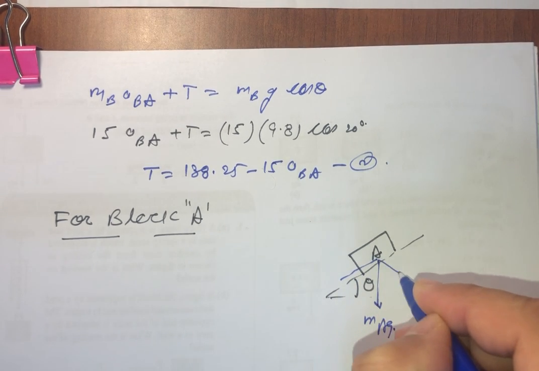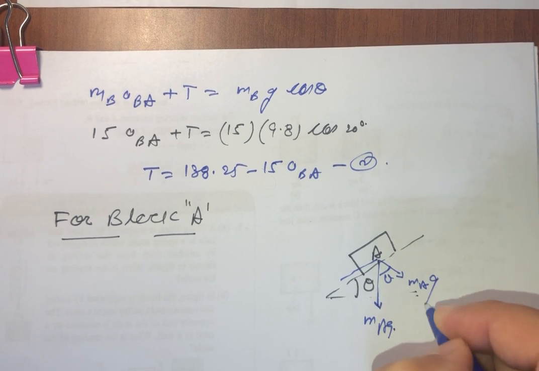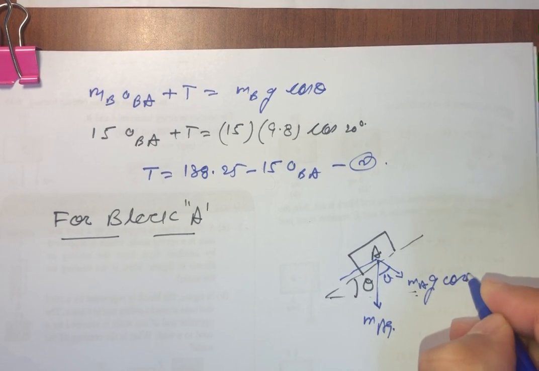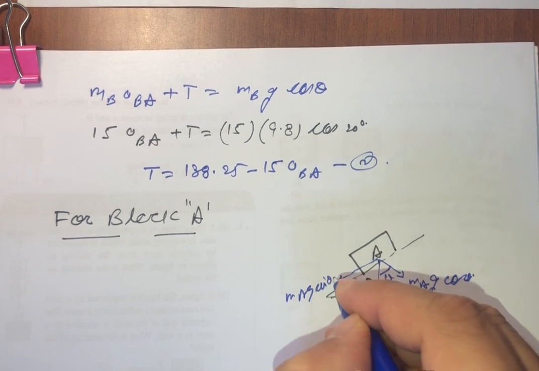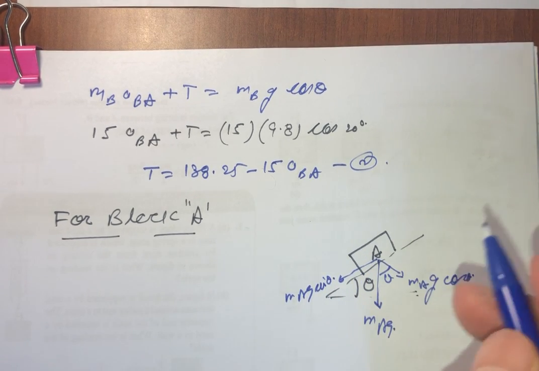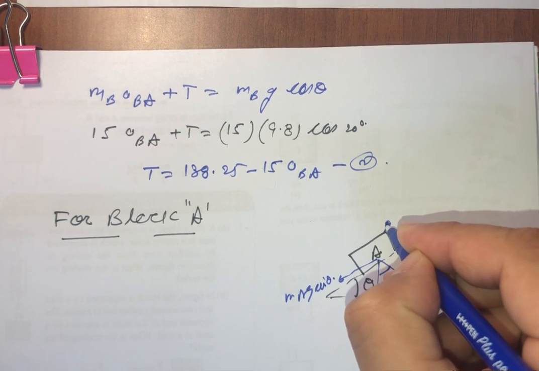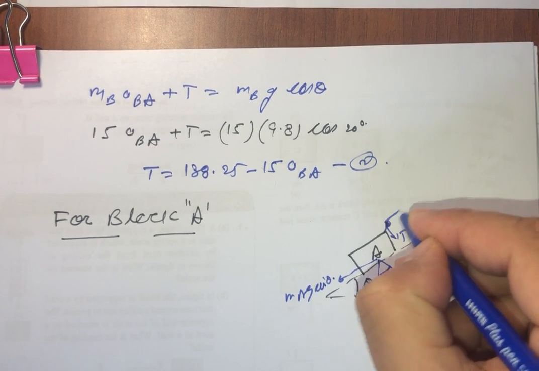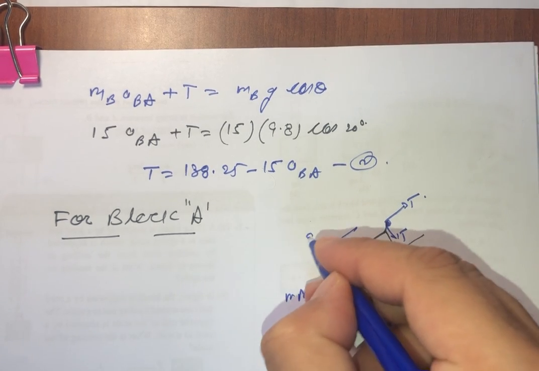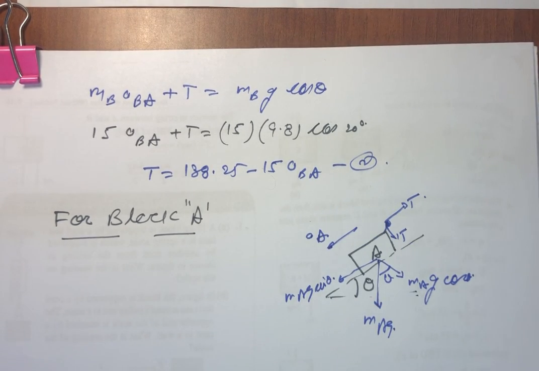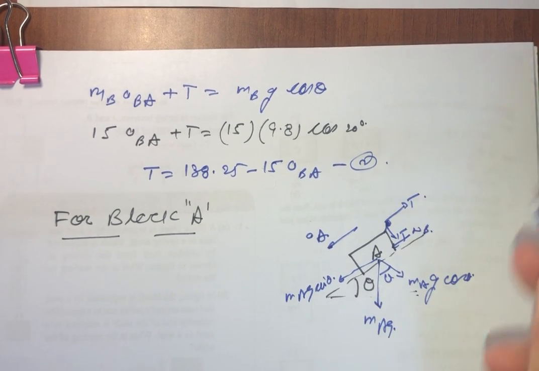There are two components. This is theta, so we have mAg cos theta and mAg sine theta. And here we have tension T, and here is tension T. It is moving in this direction with the acceleration of A, and this is normal NB.